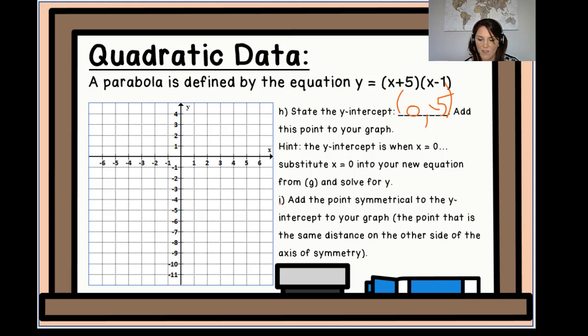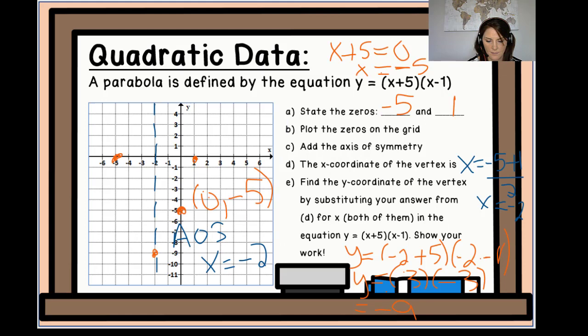Part I, add the point symmetrical to the y-intercept to your graph, the point that is the same distance on the other side of the axis of symmetry. So we need to draw a point 2 units on the other side of the axis of symmetry, across basically from our y-intercept.